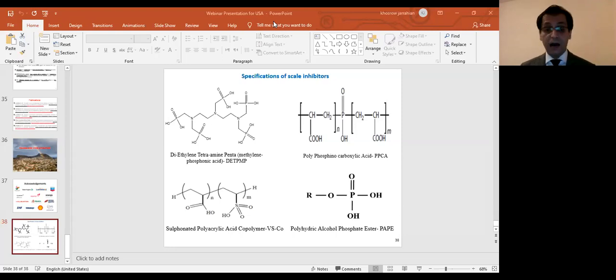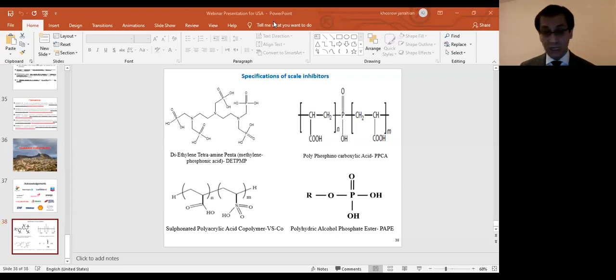And how can we discover a new one? As a chemist, I would say, if we use the previous chemical structure of scale inhibitors and do, for instance, a reverse synthesis of the scale inhibitors, we have to consider the functional groups because they are very, very important in terms of the chemical reaction with divalent cations. This is one of the most important ways to discover a new one.